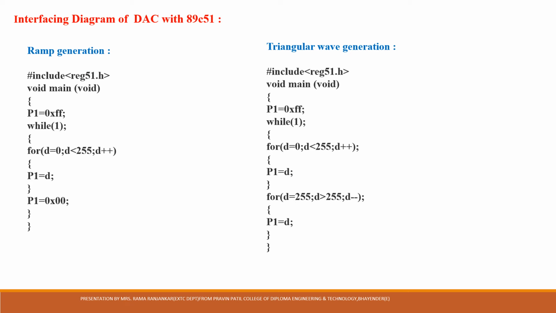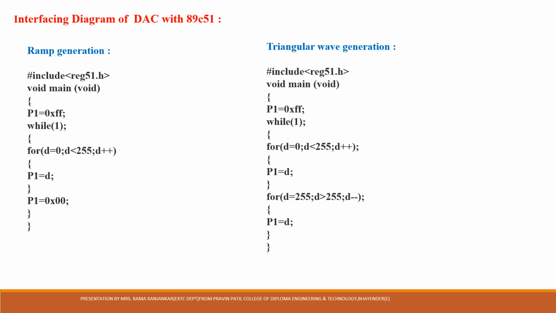Let's see the another, ramp generation. In ramp generation, we have to generate a ramp. So initialize port P1 is 0x0F. Now slowly the ramp is generated, so that we write the command for D is equal to 0, D is less than 255, D plus plus.